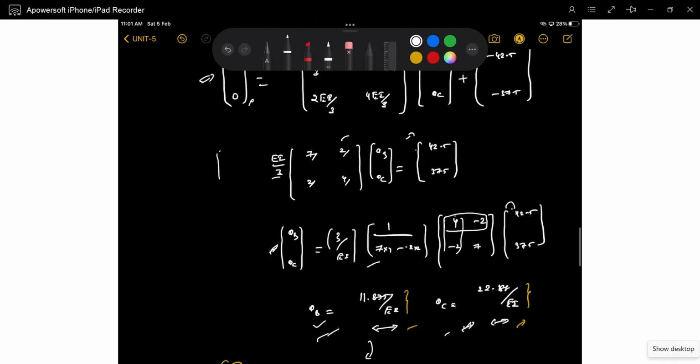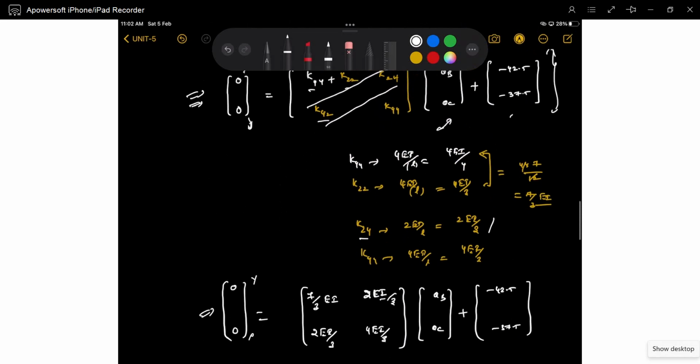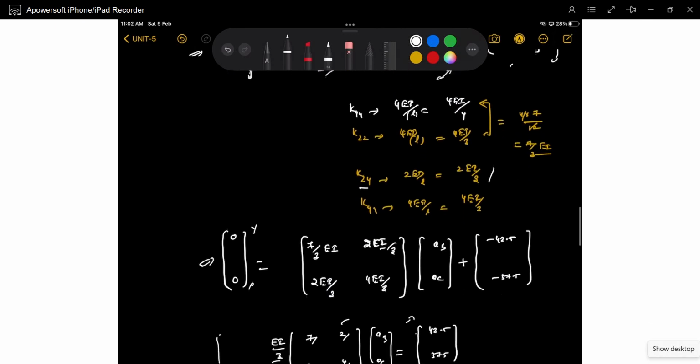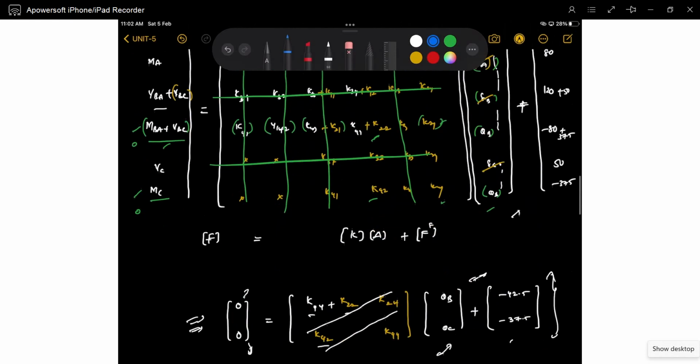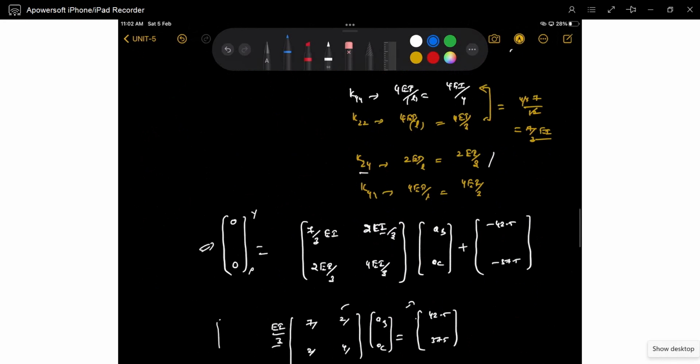Now, another thing I have to explain. Once you change the sign convention, just observe it. You may get these as negative values, or you may get these as positive values.